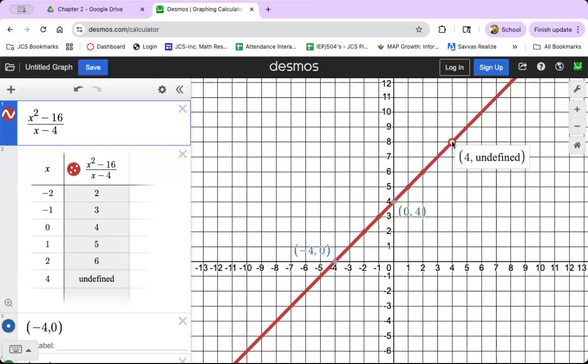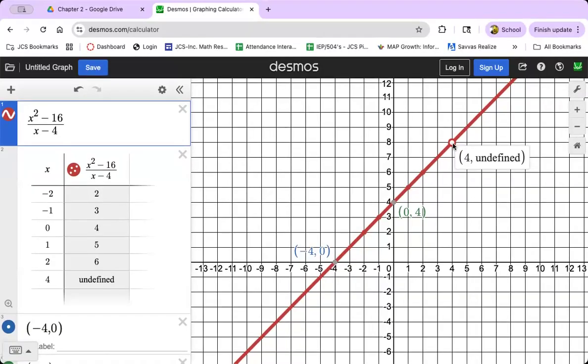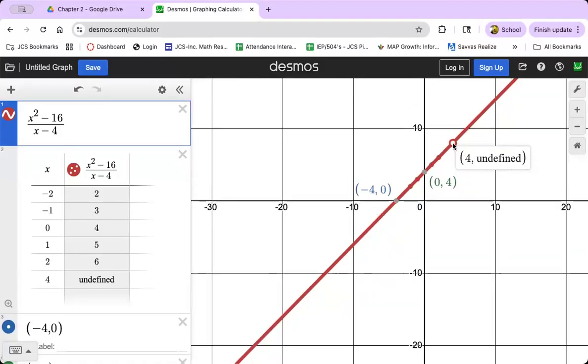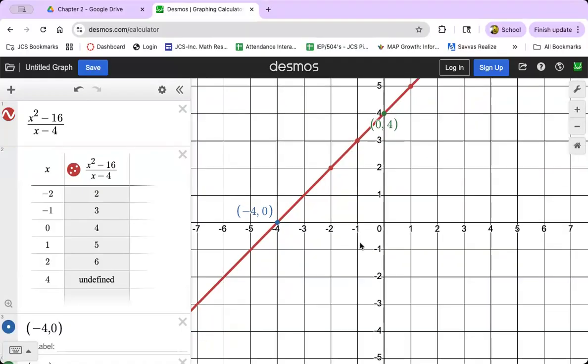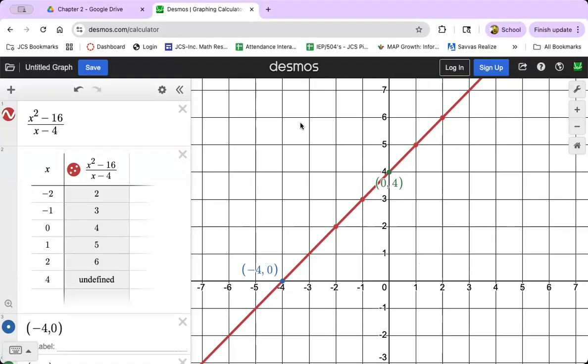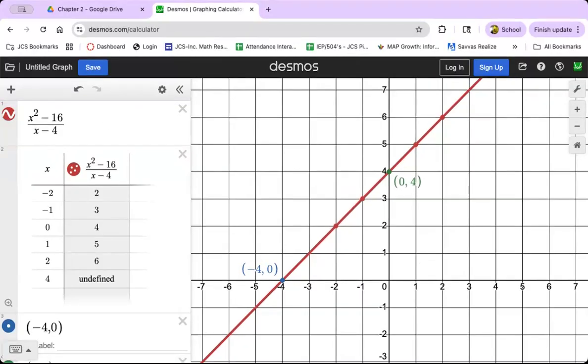So if this one does end up happening on a test, I will be expecting you guys to put a circle at any domain restrictions of the original equation, not the simplified equation, because that's the accurate graph of the equation. So be very careful. Those are the tricky ones.